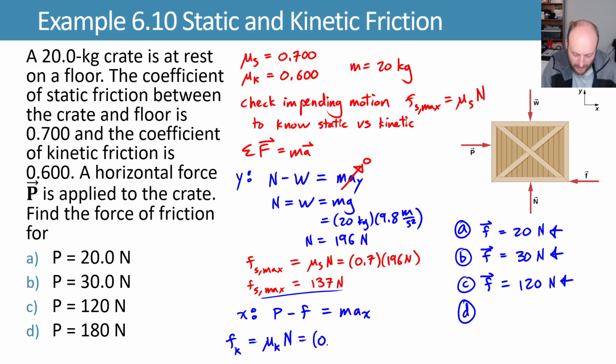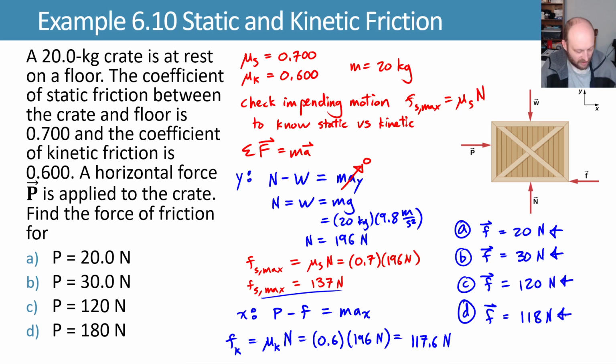Luckily we have μk, so we can plug that in. The normal force is the same as it was, and we get 117.6 newtons. I would probably round that to 118 newtons, and that is acting opposing the direction of motion.